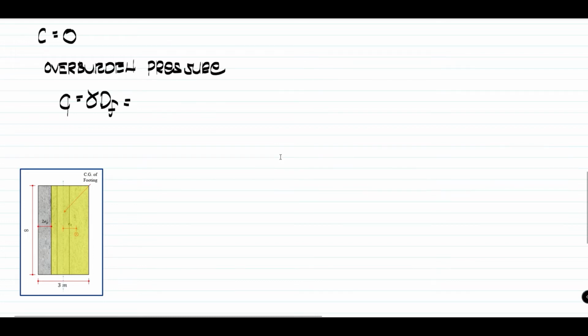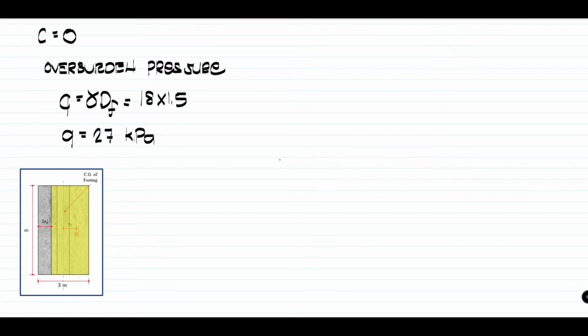So, that will be equivalent to 18 times 1.5. So, the value of q for this one will be 27 kilopascals. So, our overburden pressure will be 27 kilopascals.